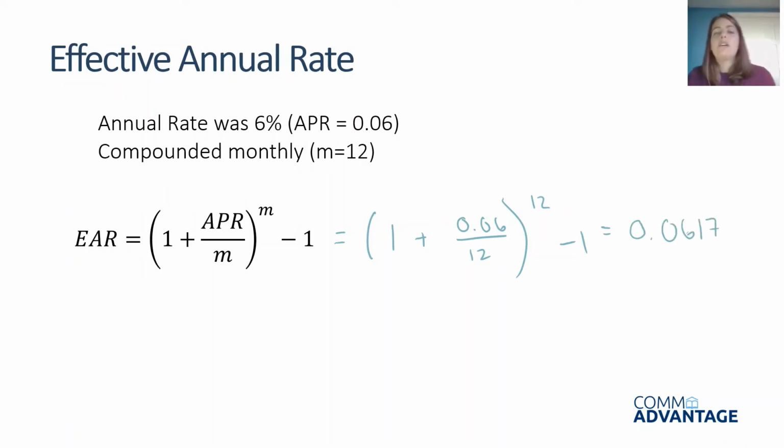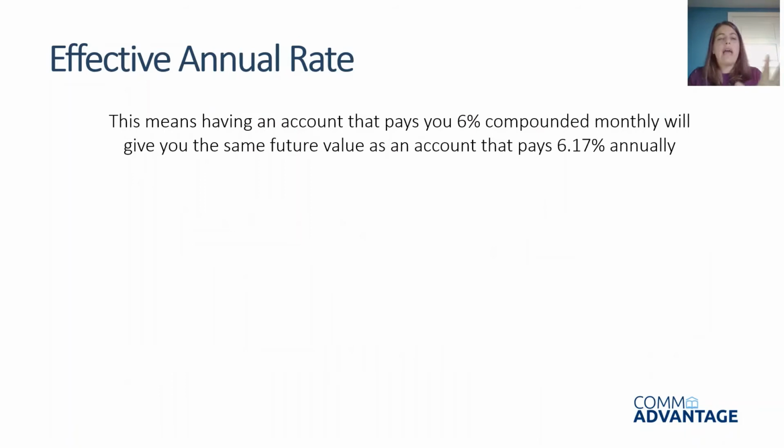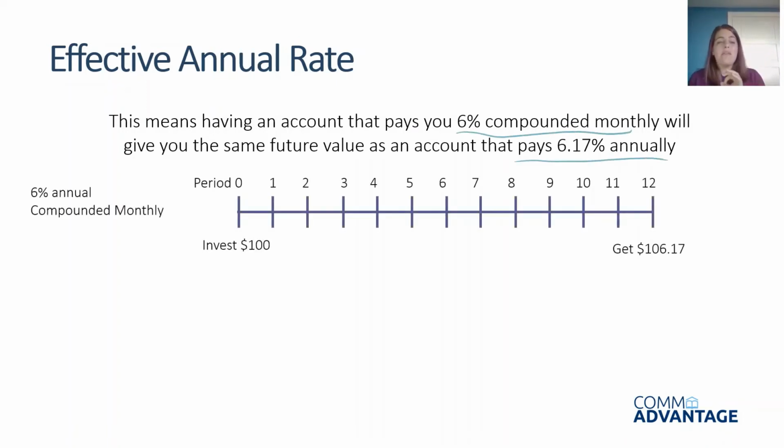And we're going to get our 0.0617. So what we're saying here is that if we invest that $100 into an account that pays you 6% compounded monthly, that's the exact same thing as putting it into an account that pays 6.17% annually. So we can also take a look at this graphically as well. So again, it means that if we've got that 6% compounded monthly, it's the same thing as an account that pays 6.17% annually.